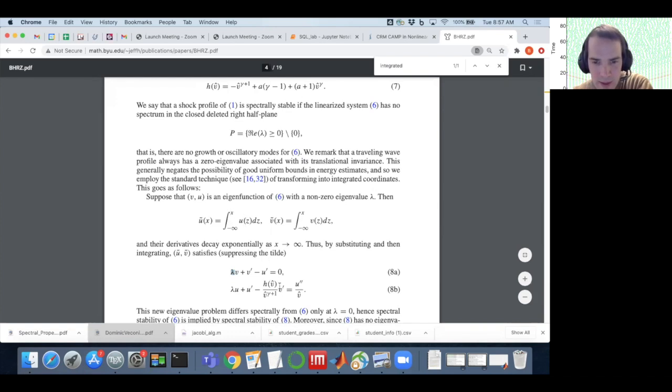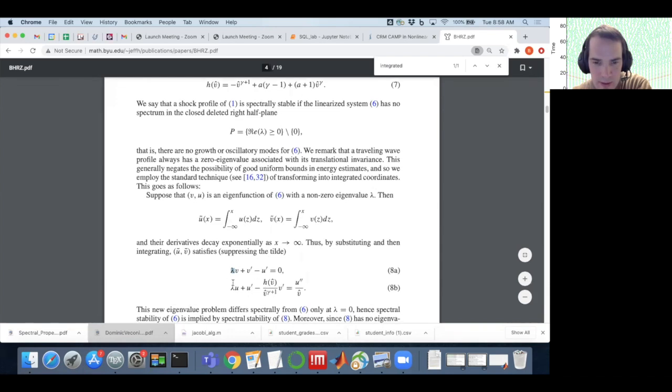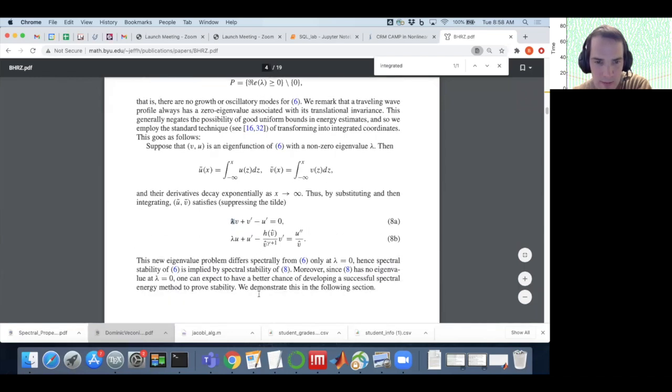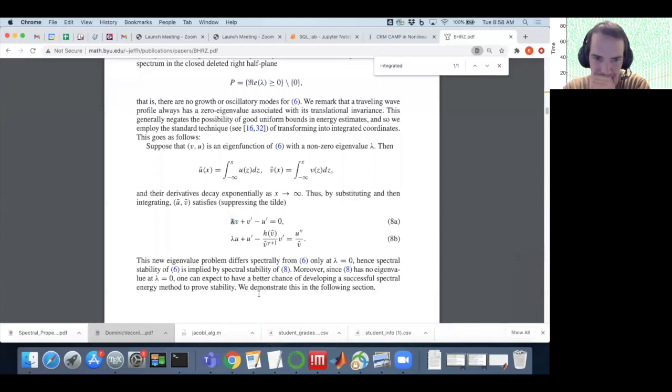And when you substitute that in, you get this PDE in those new coordinates, and it takes out the eigenvalue at 0. But all your other eigenvalues remain the same with the same multiplicity.